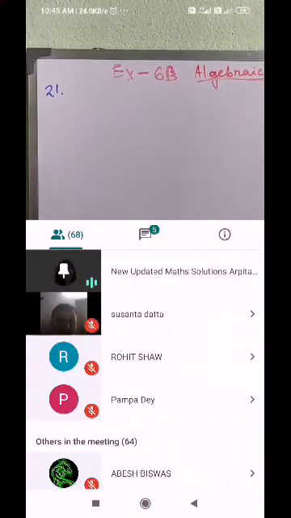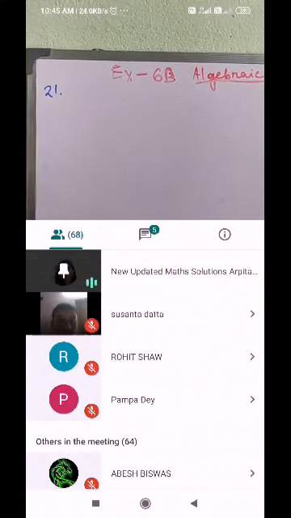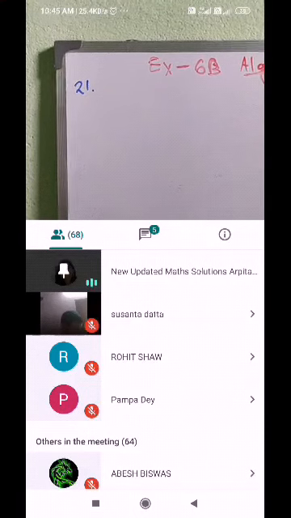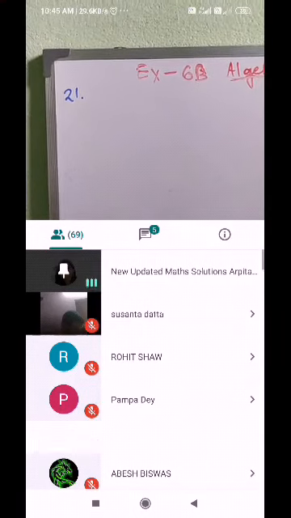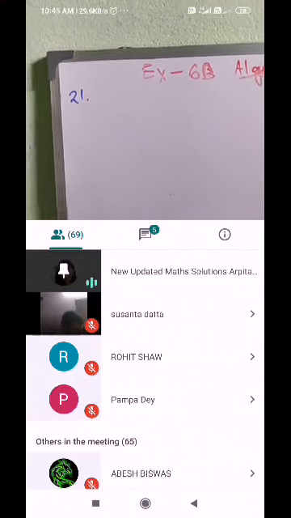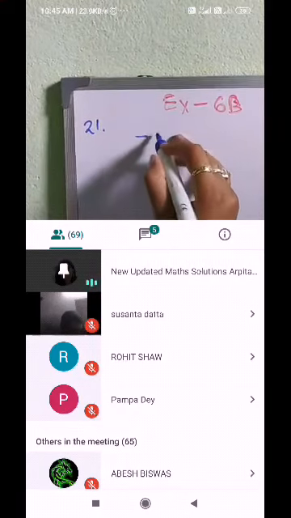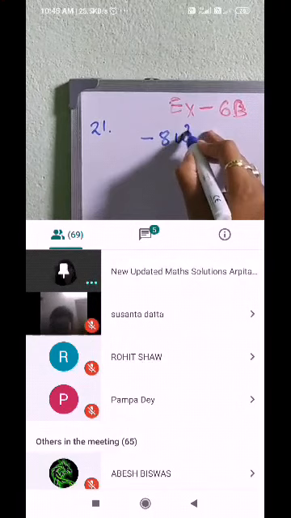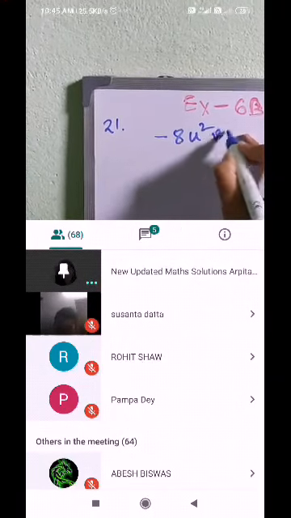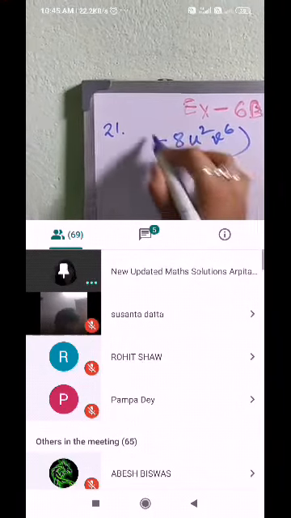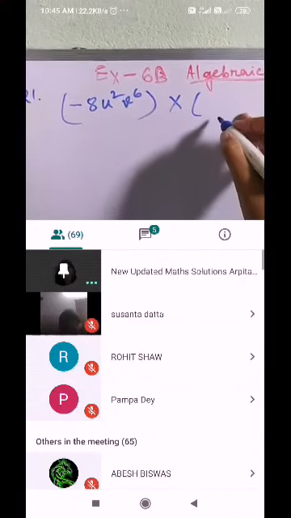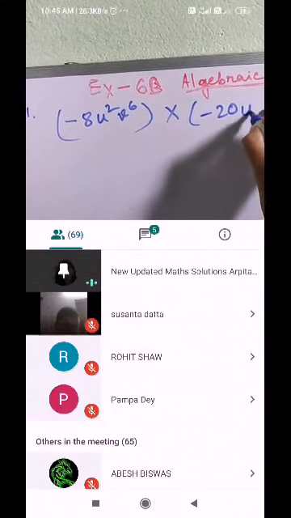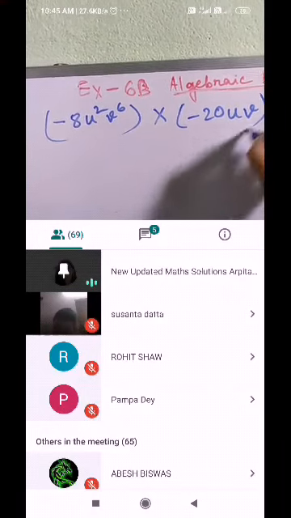Now I am discussing from exercise 6b, question number 21. Find the value of minus 8 u square v to the power 6 into minus 20 u into v.